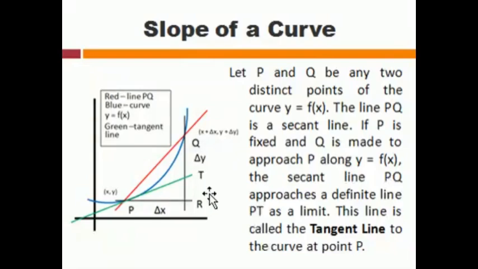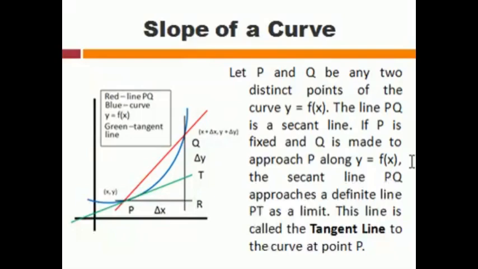Next, let P and Q be any two distinct points on the curve y equal f of x. The line PQ is a secant line, the red line.